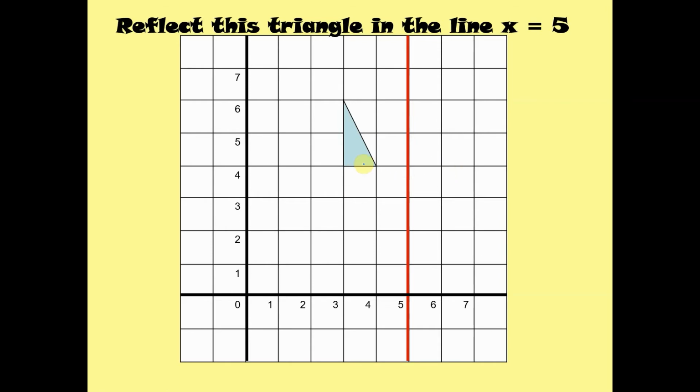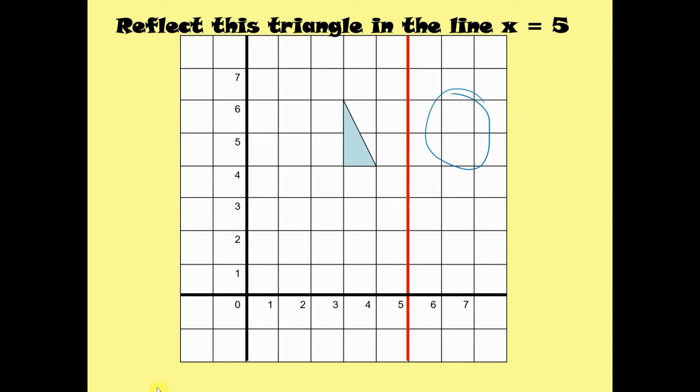Are we going to expect a reflection to the left, or to the right? Of course, since the line of reflection is here, we're going to expect the image somewhere here. The reflection is going to be over here.